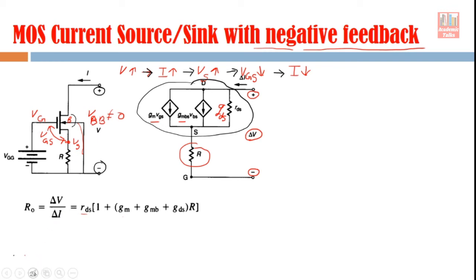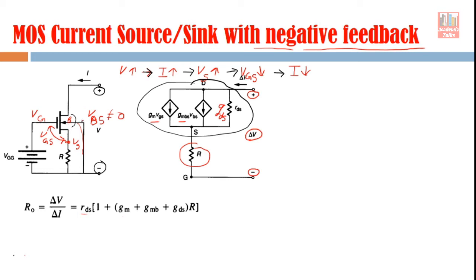Let's make a small correction. This is bulk source. So this bulk source voltage is not 0, because normally what happens, the bulk is connected to source, so there is no potential difference, both are at same potential, so VBS is 0.